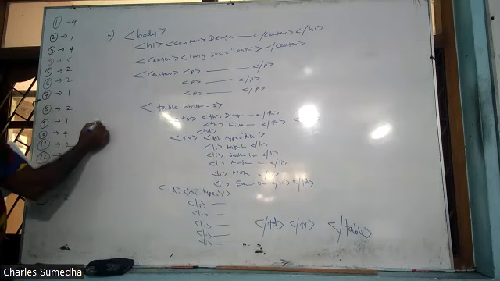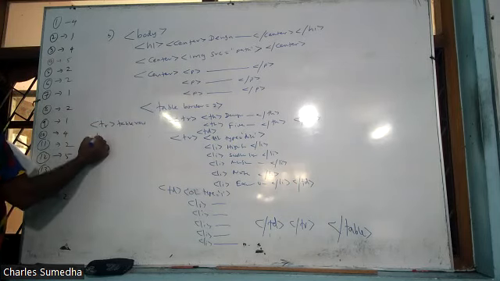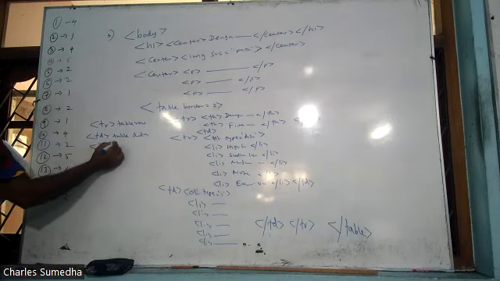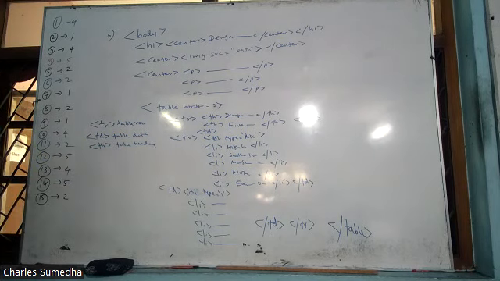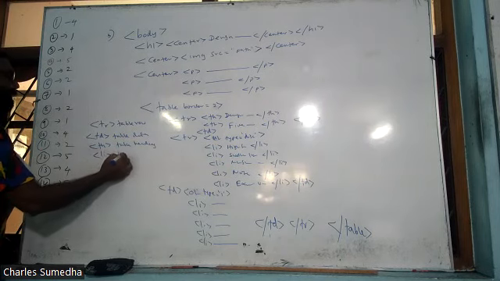TR for table row, TD for table data, TH for table heading. Right? LI, what is that? List items.